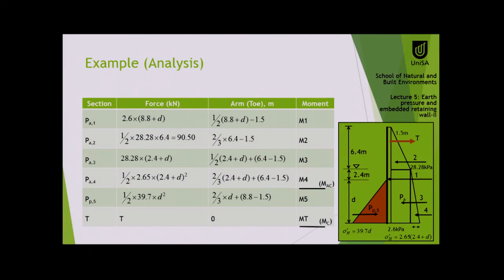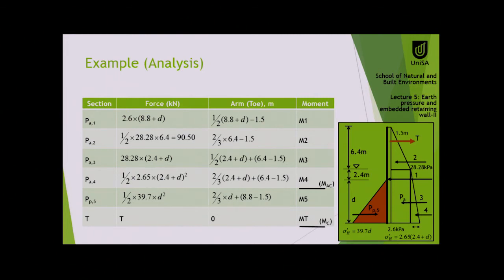Now force is nothing but the area of the force diagram, right? So P1, for example, that tiny one, the diagram would be 2.6 is the magnitude over here times the height. What is the height? Height would be 6.4 plus 2.4, 8.8 plus d, that is the height.